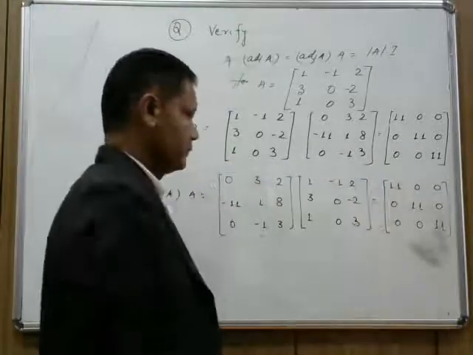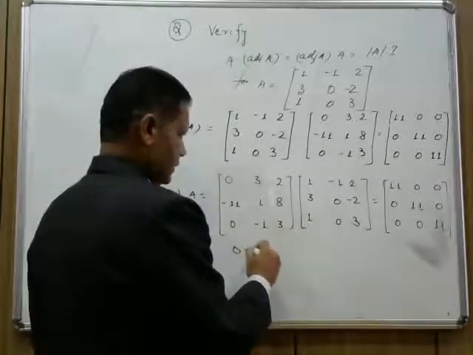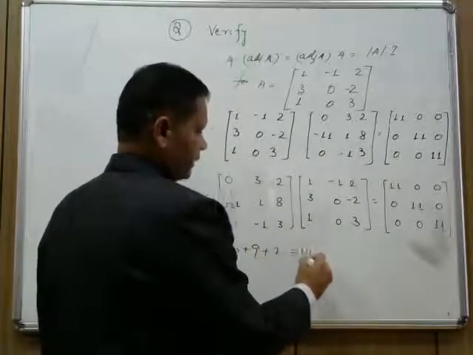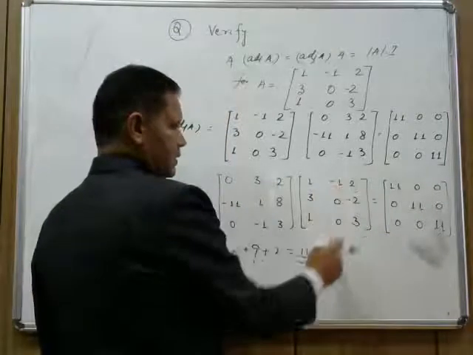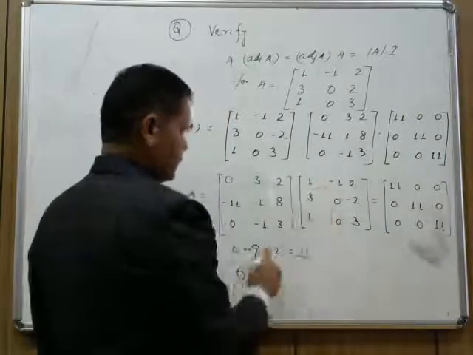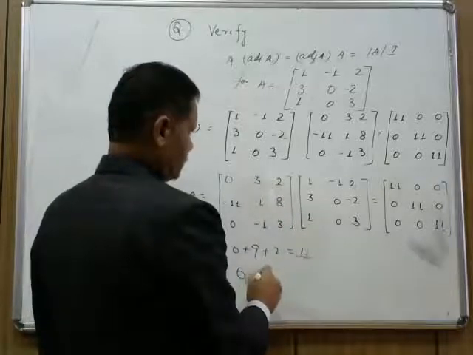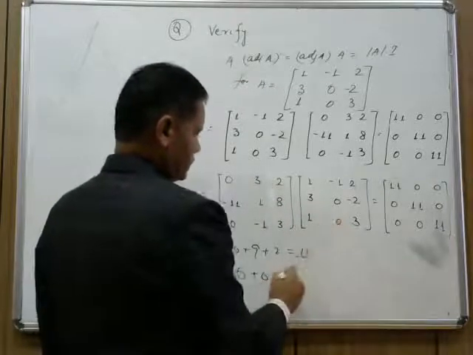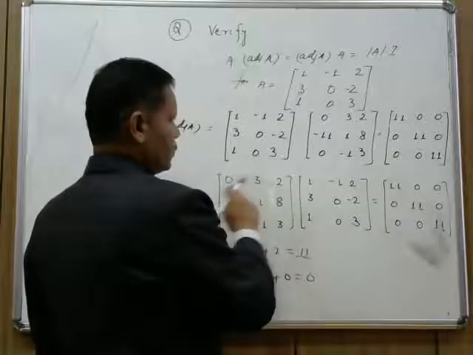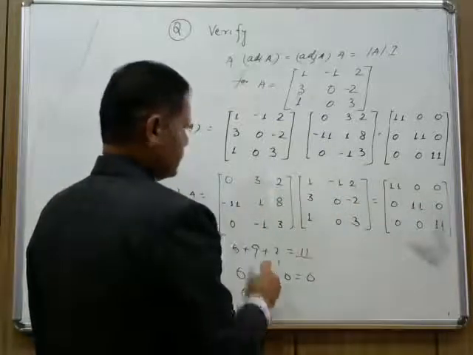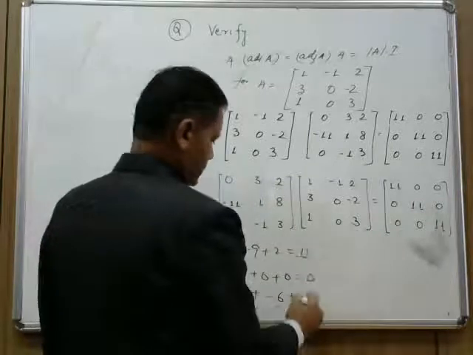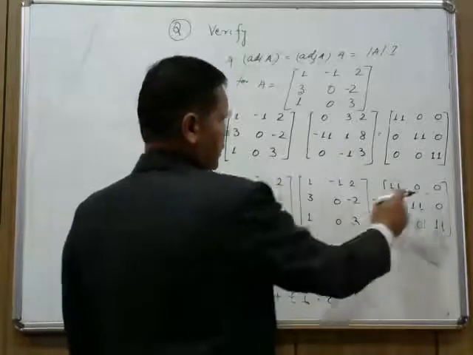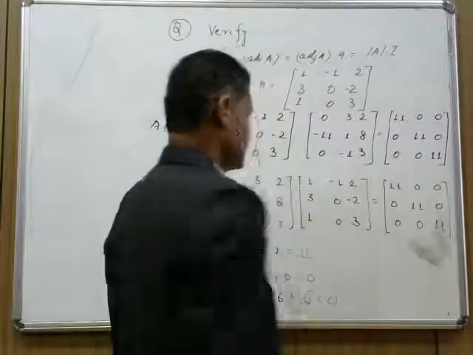This is 11. 0 plus 9 plus 2, that gives you 11, the value of this part. Okay. Now again this row multiply by this column. 0 into minus 1, 0, plus 3 into 0, 0, plus 2 into 0, 0, that will give you 0. Now 0 into 2, 0, plus 3 into minus 2, minus 6, plus 2 into 3, 6, 6 minus 6, 0. Similarly, we will get the result.